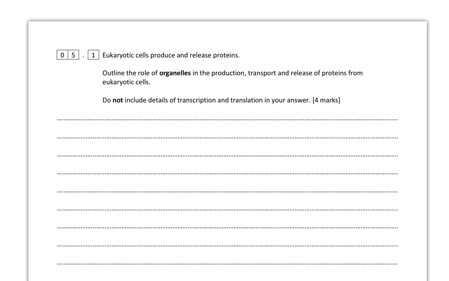Right, 5.1. Eukaryotic cells produce and release proteins. So we're in a eukaryote. The role of organelles in the production, transport, and release of proteins from the eukaryotic cell, and no need to talk about transcription and translation. So I'm just going to start with the RER as the first.